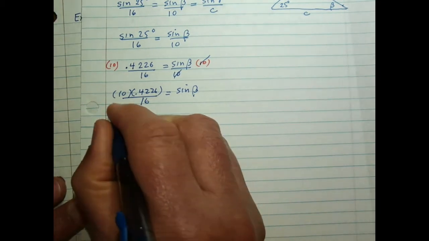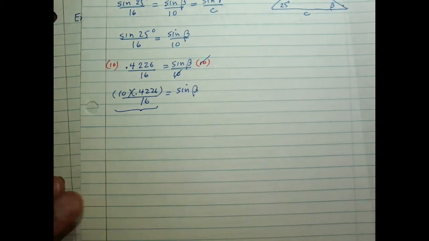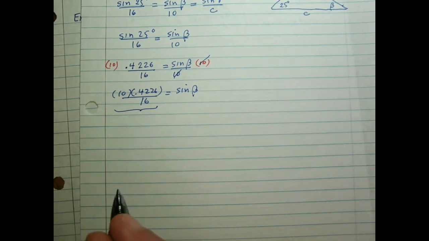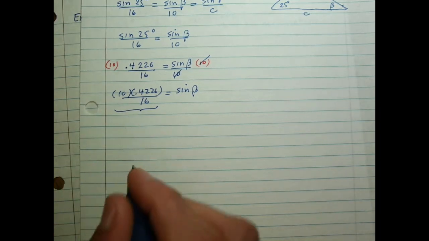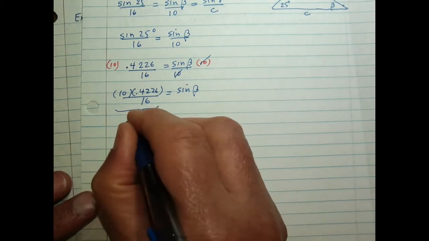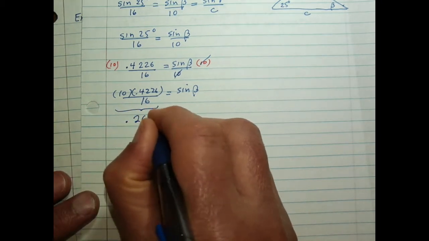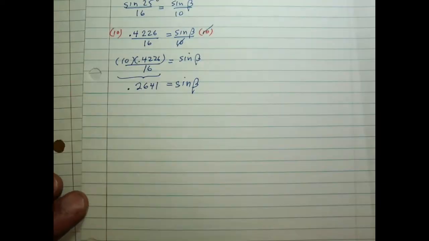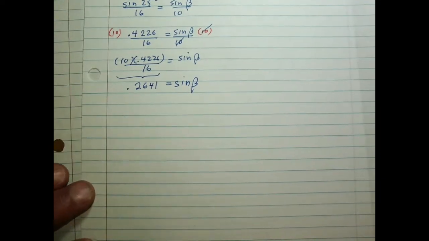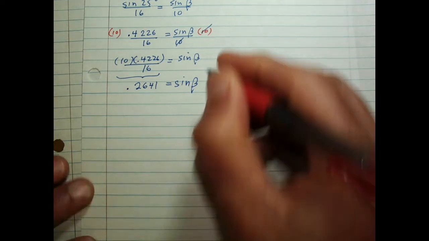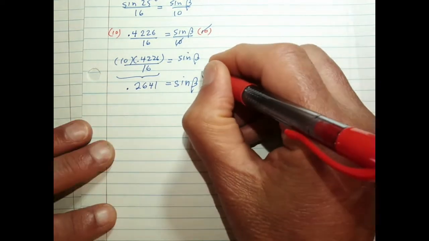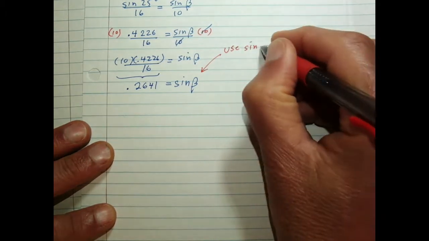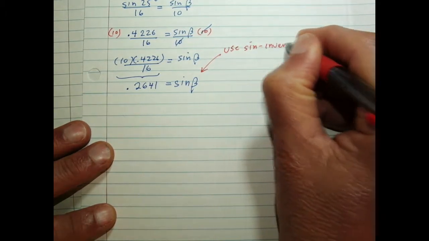Multiply 0.4226 times 10, divide by 16. I get 0.2641 is sine beta. And now to get an angle out of this, we're going to use the inverse sine.